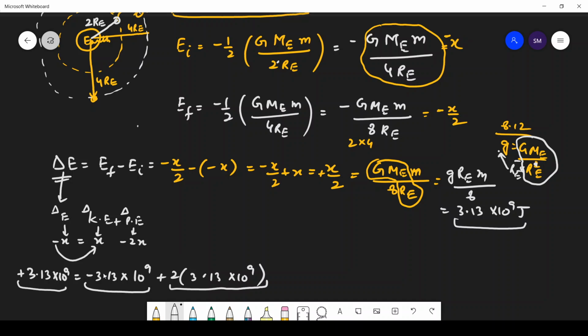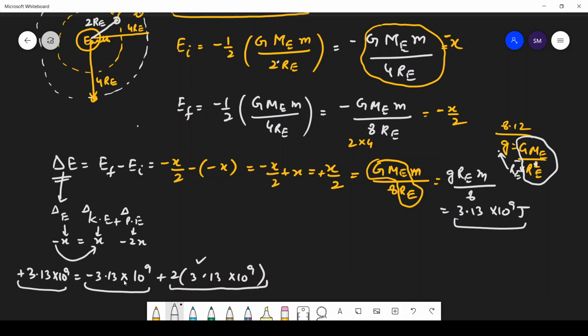So kinetic energy here is actually reduced and potential energy is increased by 2 times. So now it is moving with lesser velocity, and it has twice the potential energy, but kinetic energy is reduced by this much. The change in potential energy is definitely twice this change.